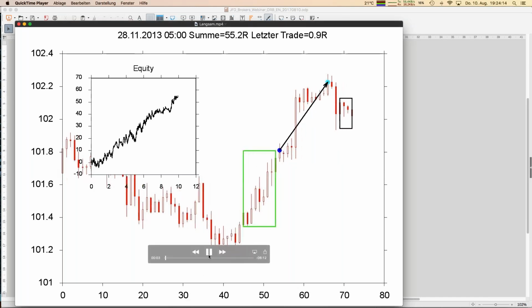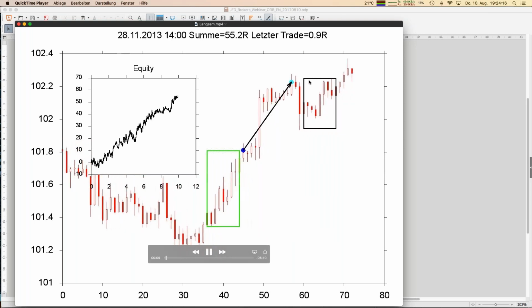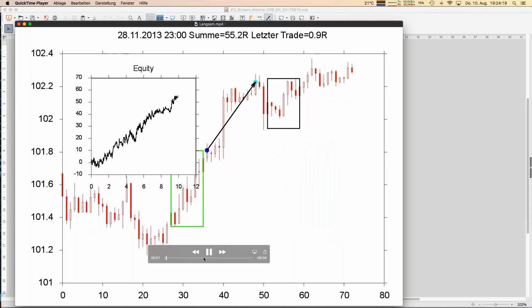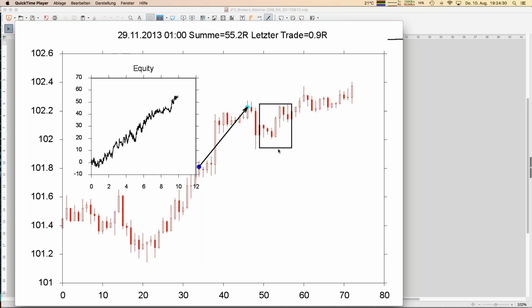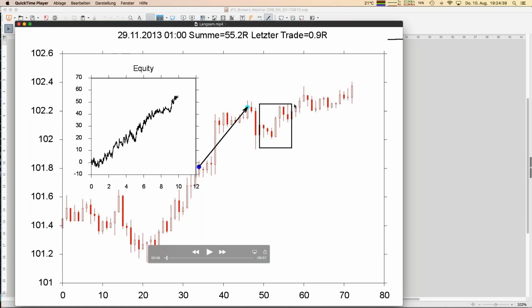And now let's go for action here. So I start the video now, and you will see we get a new range, and I stop the video already once again. That rectangle here has been only black, meaning minimum range condition violated. So the range was not big enough to say I want to have those two orders. In this case it would not have been that bad, because a long trade would have been a success anyhow.